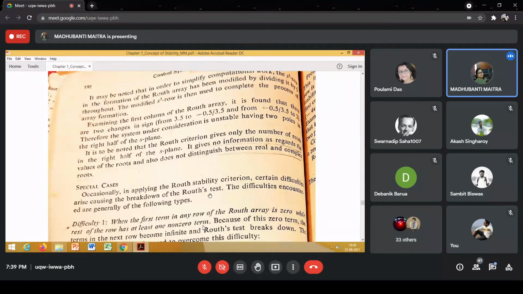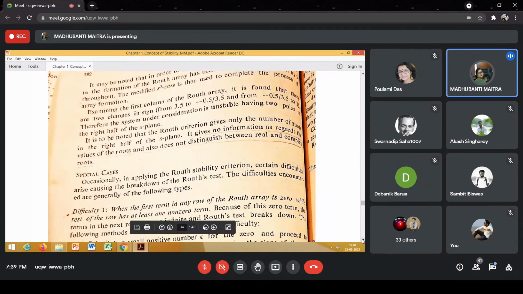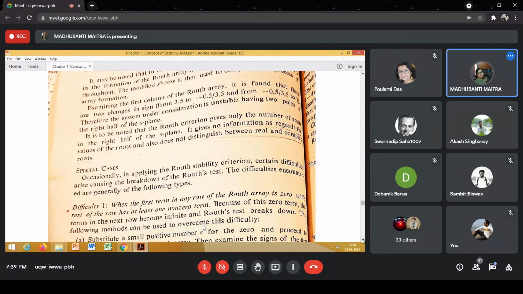In other words, the test cannot be applied. So we'll have to find some means by which these difficulties can be tackled, can be alleviated.